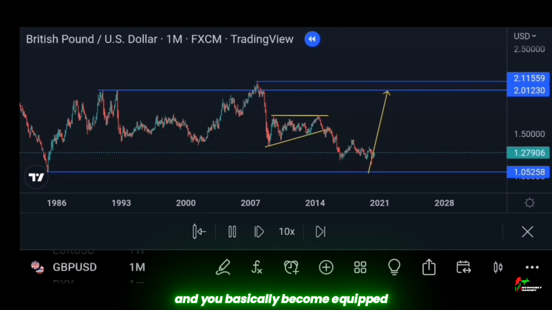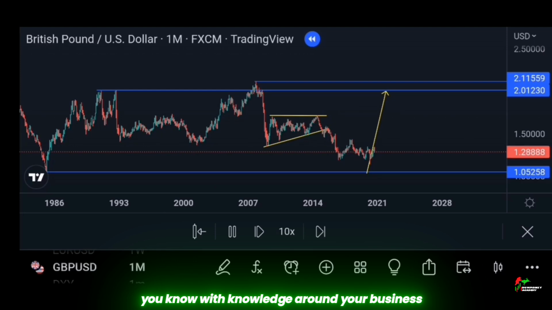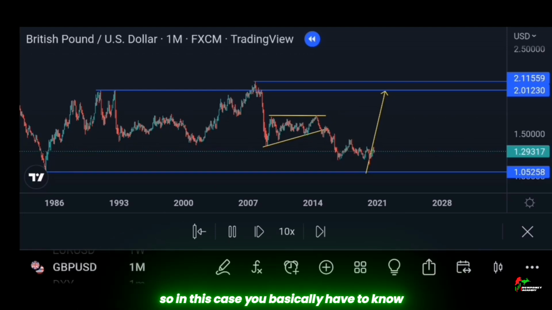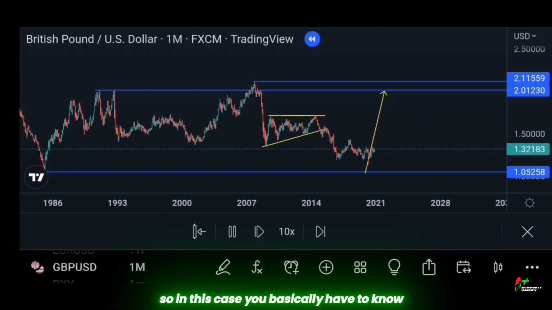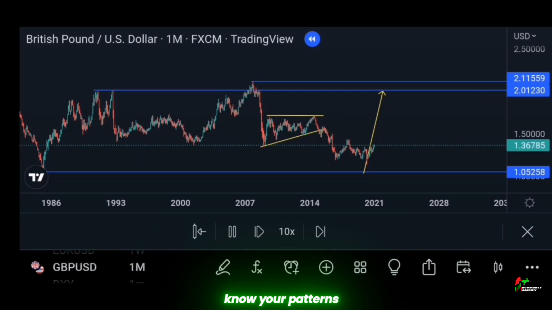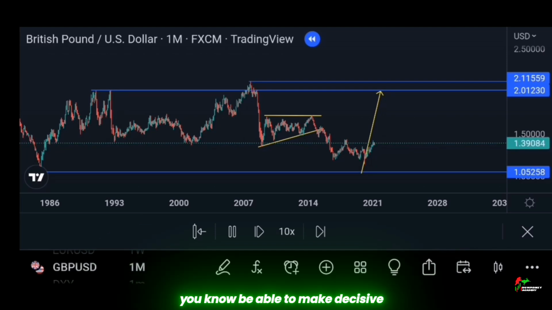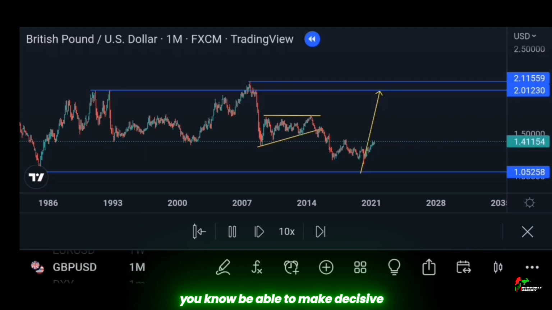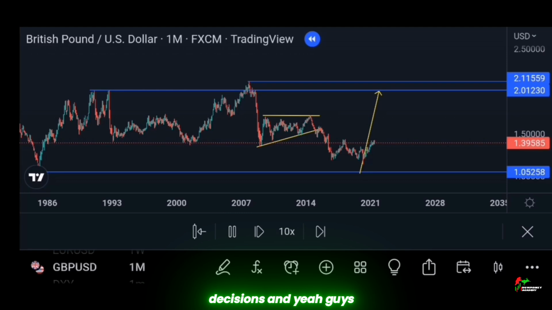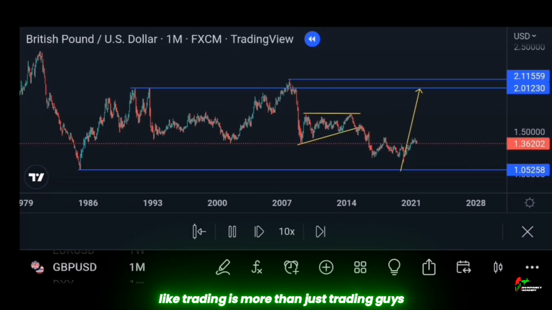And you become equipped with knowledge around your business. So in this case, you have to know your price action, know your patterns, know the physiology of how the market is moving, be able to make decisive decisions. And yeah, guys, trading is more than just trading.